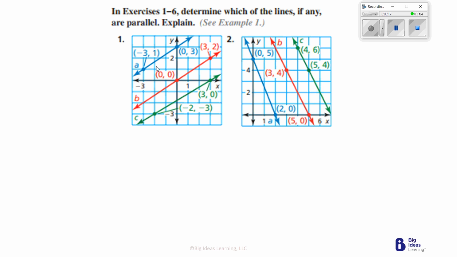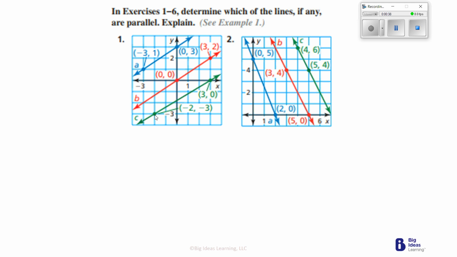When I look at this, I'm going to look at the slope of line A. I see that it has a rise of 2 and a run of 3, right? So this is a rise of 2 over 3. When I look at this one, 1, 2, 3, and it has a rise of 2.